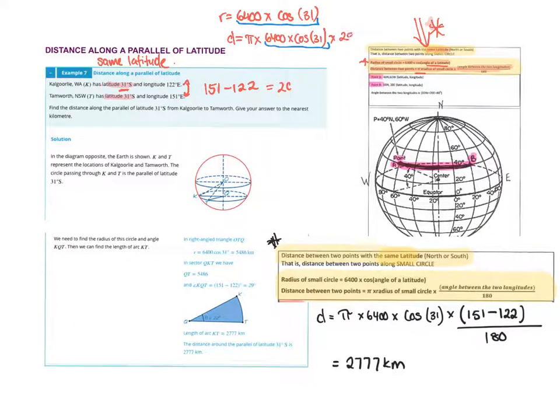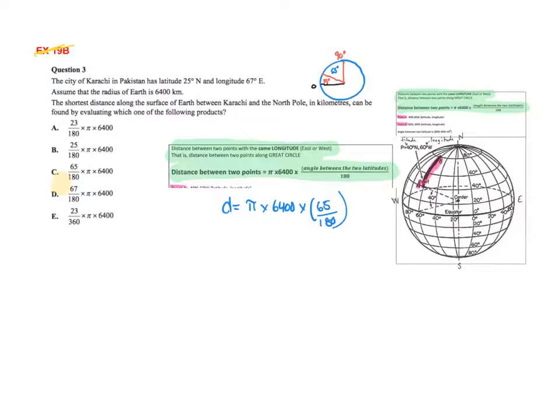So you go times 29 over 180. And then you do that and you'll get your answer to be roughly 2777. Okay? So now all you have to do is look at which one they're giving you the same and go find the formula. So I've blown it up here and we can see we've done it all down there as well. All right?